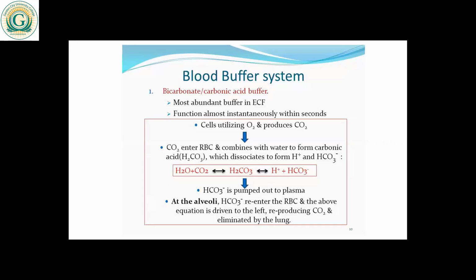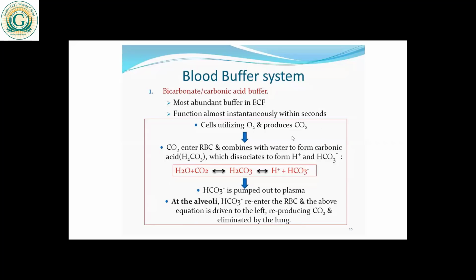However, when the blood is more alkaline, we have the release of the hydrogen ion to counteract that pH. At the alveoli level, bicarbonate will re-enter red blood cells, and the above equation is driven to the left, moving this to the chloride shift. When it drives to the left, this reproduces carbon dioxide, which is eliminated by the lungs.